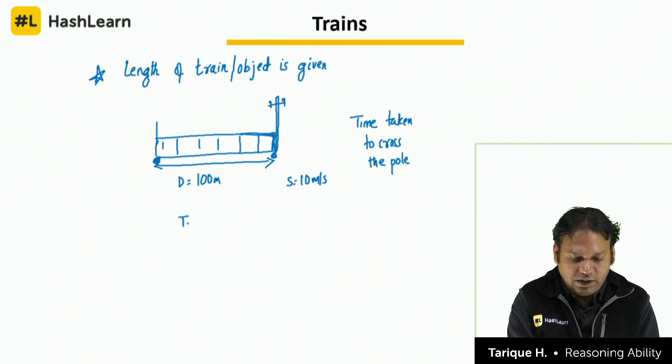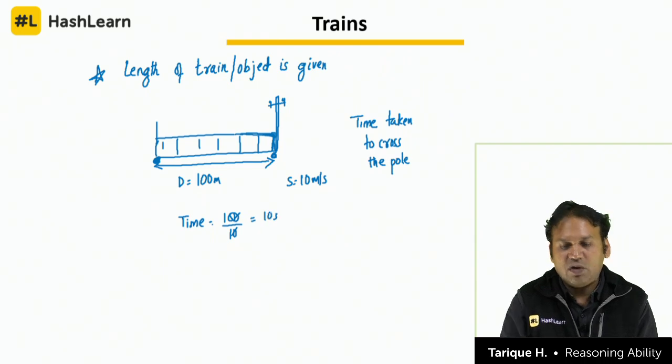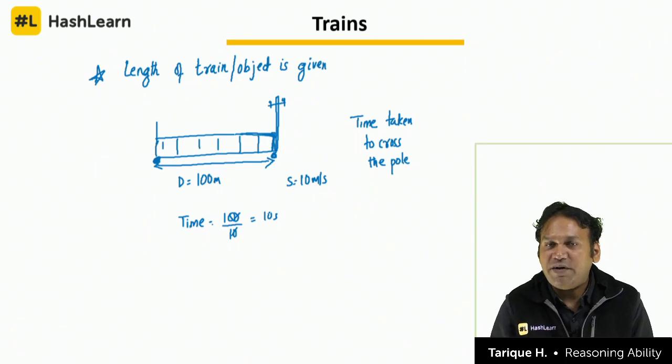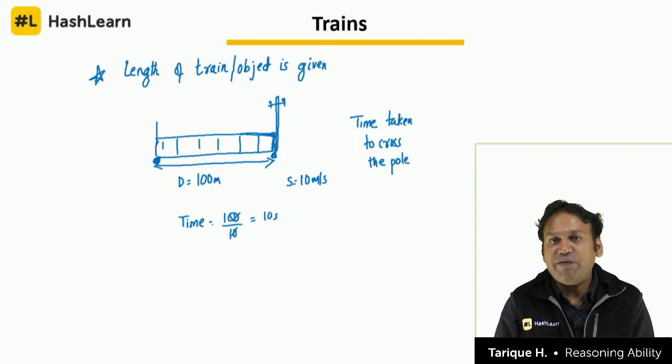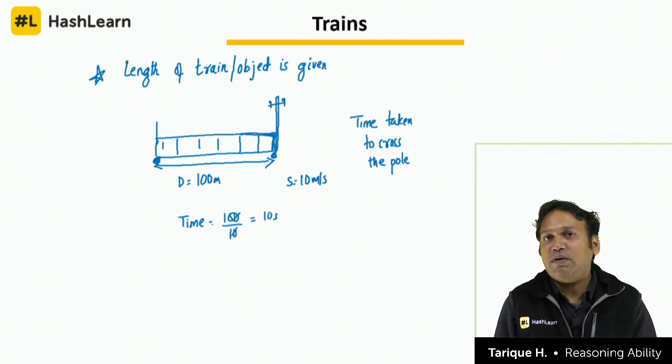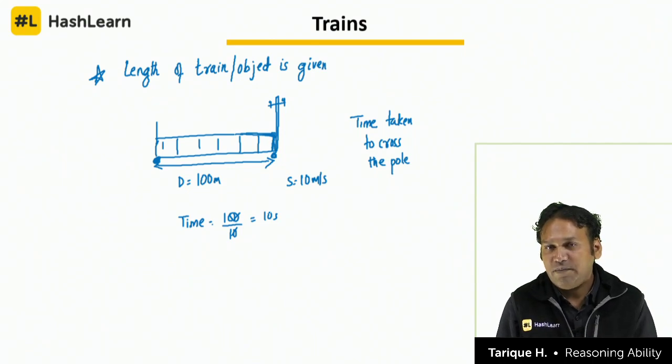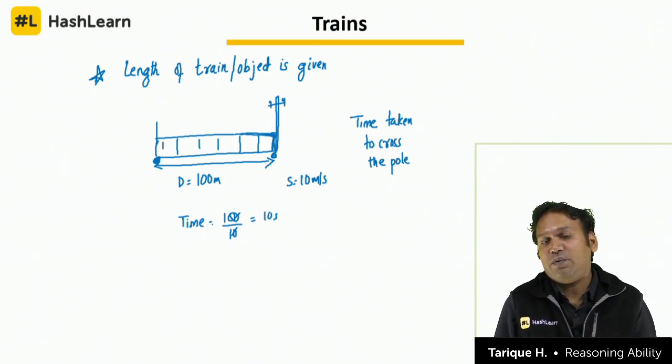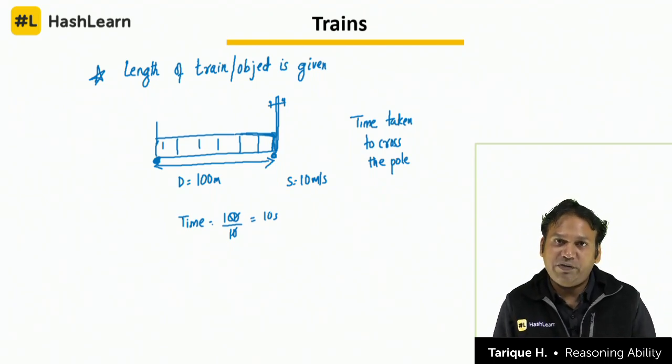So, time taken to cross the pole is equal to 100 by 10, which is 10 seconds. Suppose the speed of the train is not given to us, but the length of the train and the time taken to cross the pole are given, then we can find out the speed of the train. Clear? If the speed of the train and the time taken to cross the pole are given to us, then we can find out the length of the train.